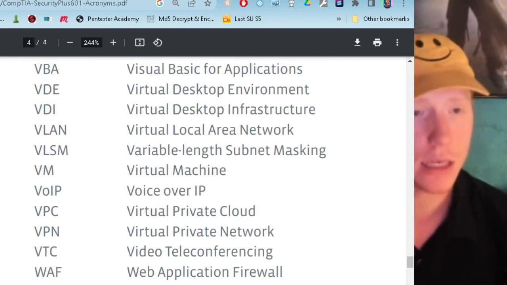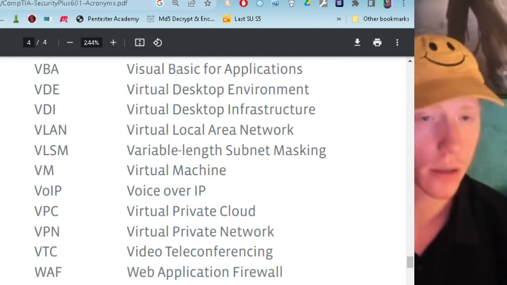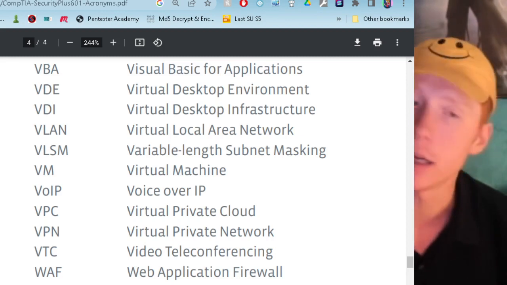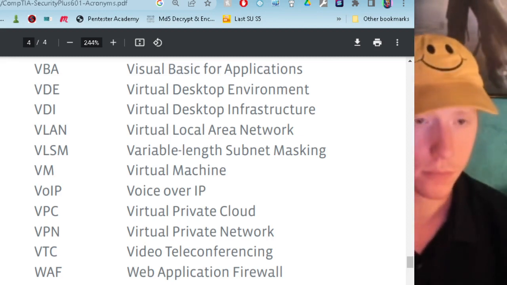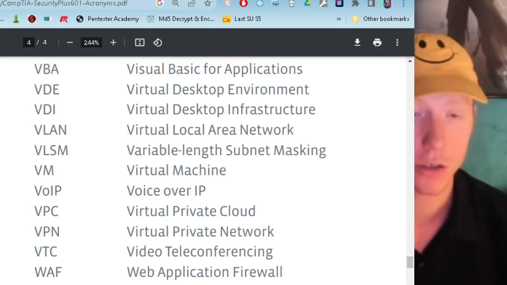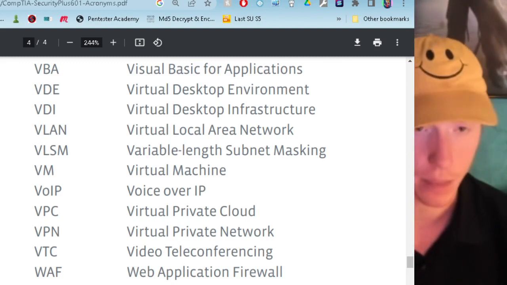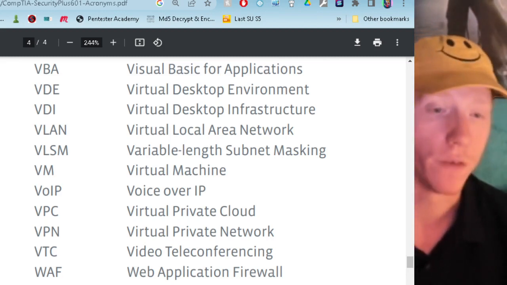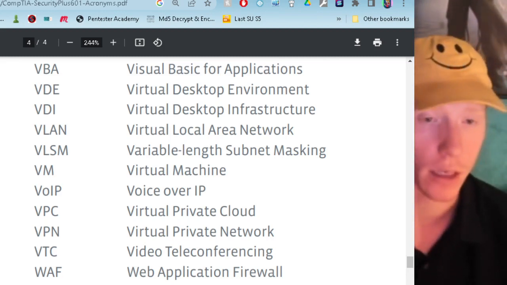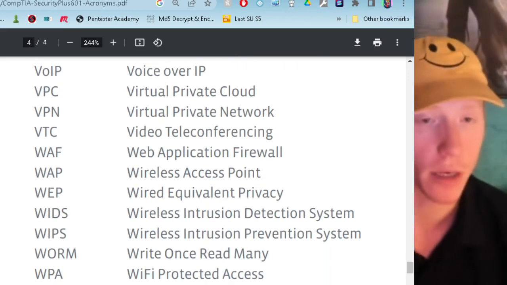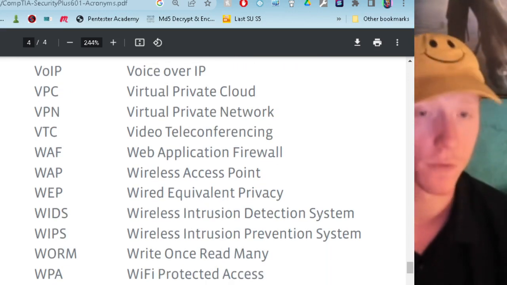A VLAN is the virtual local area network, and a VLSM has nothing to do with a virtual machine. A VLSM is a variable length subnet masking, but a VM is a virtual machine. VoIP is voice over IP, and VPC is virtual private cloud. A VPN is virtual private network.